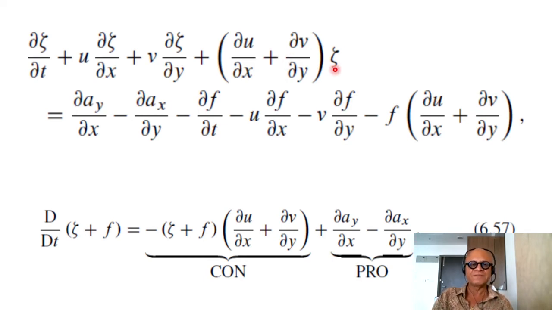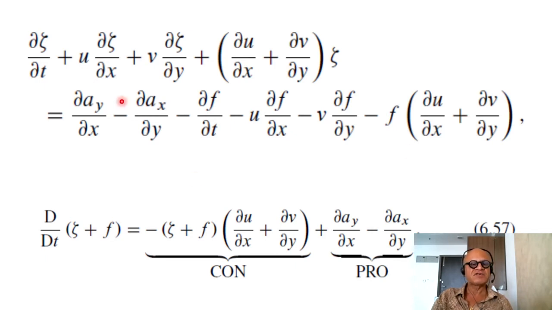This is equal to (dAy/dx − dAx/dy) minus df/dt, which is of course 0, minus u df/dx, which is also 0, doesn't vary in the x, minus v df/dy, which is beta, minus f (du/dx plus dv/dy), which is again the horizontal divergence convergence term.